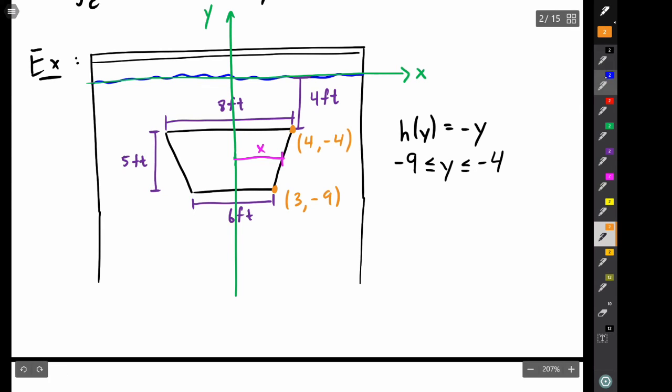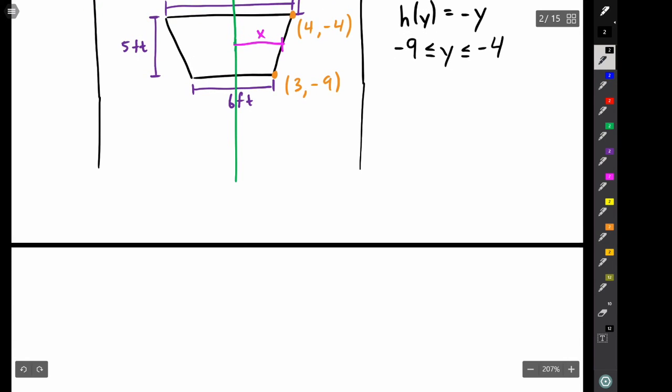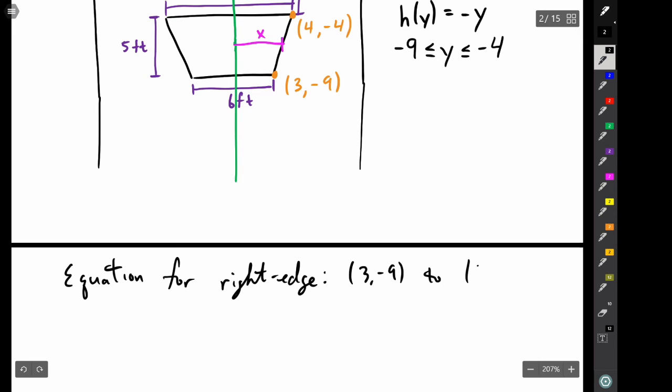Once we have that, we can find an equation for this line. The equation for the right edge: we're connecting the point (3, -9) to (4, -4).